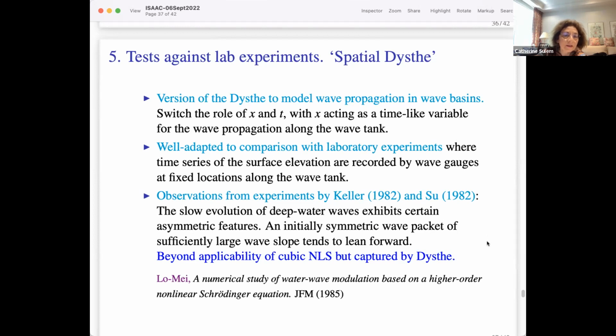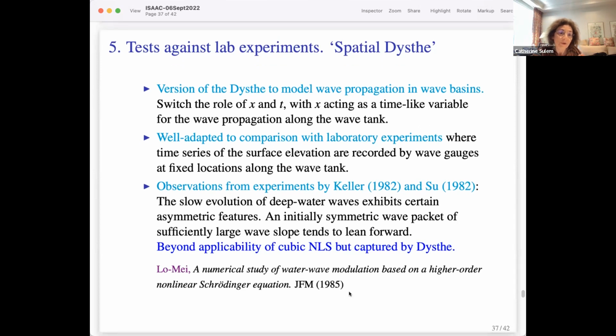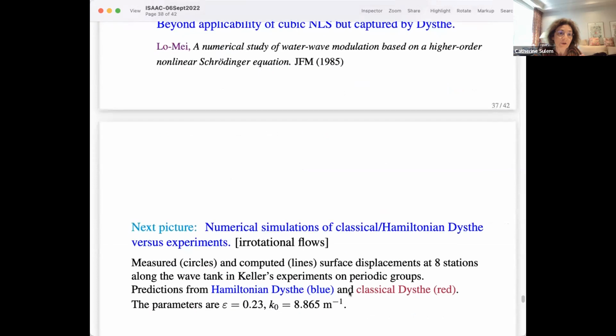This can be captured by the Dysthe equation, but not by the cubic one. Indeed, the numerical simulation of Lo and Mei in '85 captured this calculation.